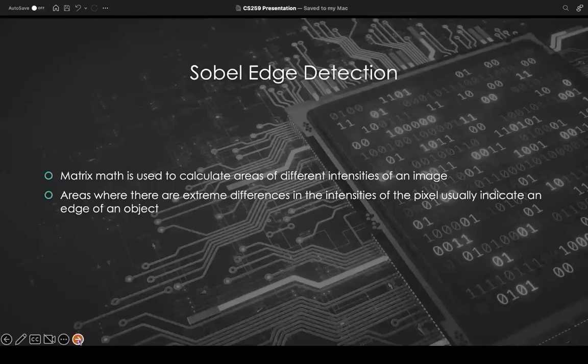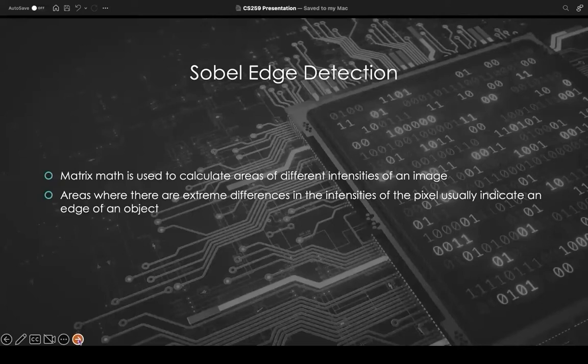Moving on, the Sobel edge detection algorithm. Edge detection is when we use matrix math to calculate areas of different intensities of an image. Areas where there are extreme differences in the intensities of the pixel usually indicate an edge of an object.